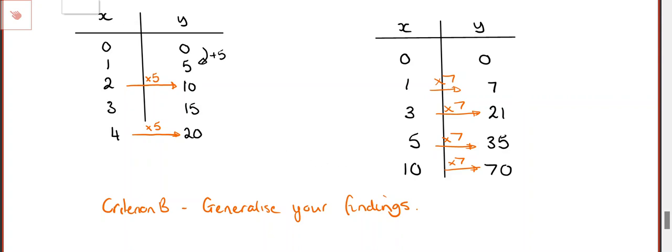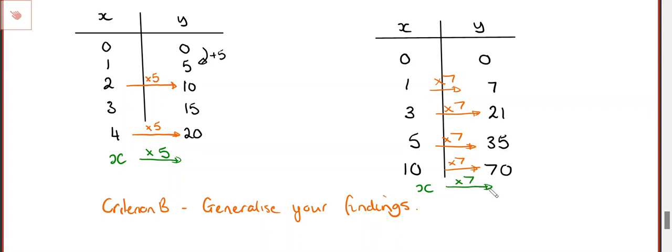In this case, we take the x value and we multiply by 5. This one, we take the x value and we multiply by 7.